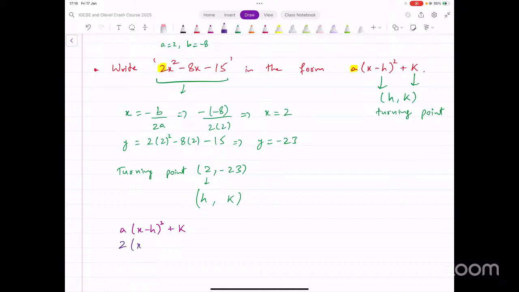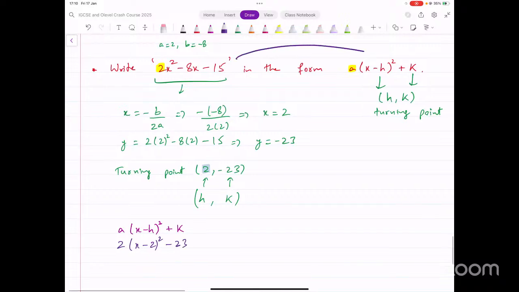And then x minus h, what's h? H is equal to 2, you put 2 in place of h here. It becomes x minus 2 whole squared. K, what's the value of k that we've got? The value of k is negative 23. So this becomes negative 23 outside. And this is this expression converted to completed square form.